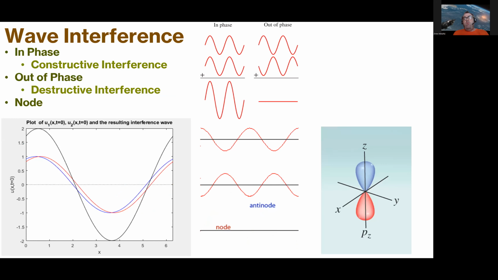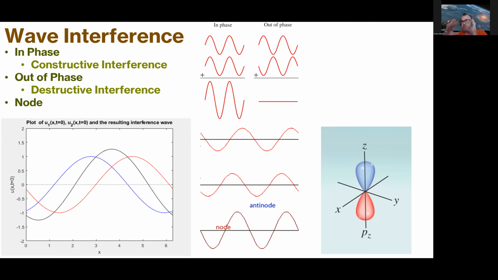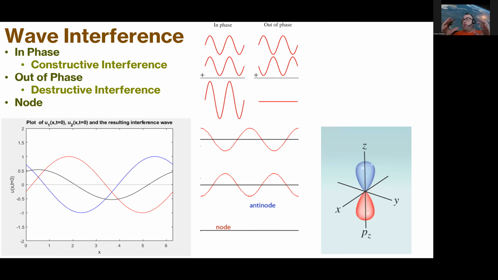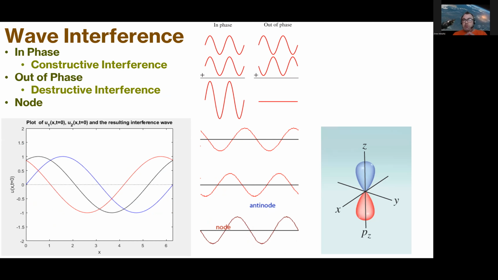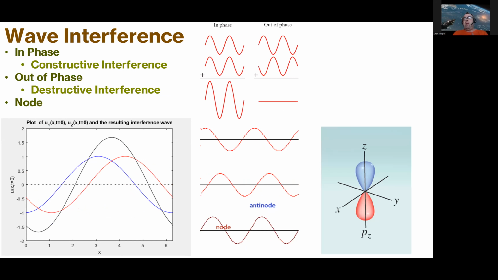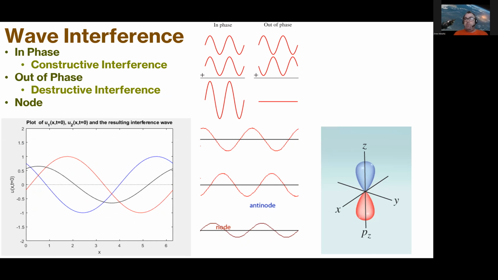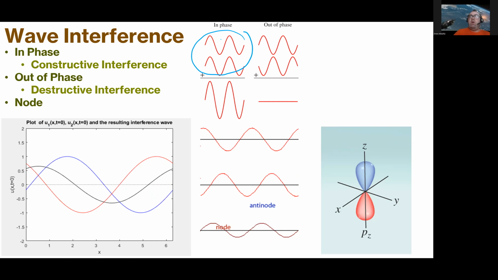All right, remembering we said that orbitals are wave functions, so they have wave-like properties, which means if we have two waves or two wave functions or two orbitals that are going to interact with each other, then we have waves interacting. And if we think about waves interacting, there's two main ideas that can happen. They can line up with each other, like this guy here. We call that in phase.